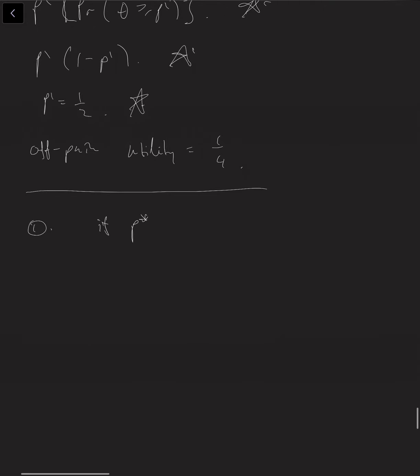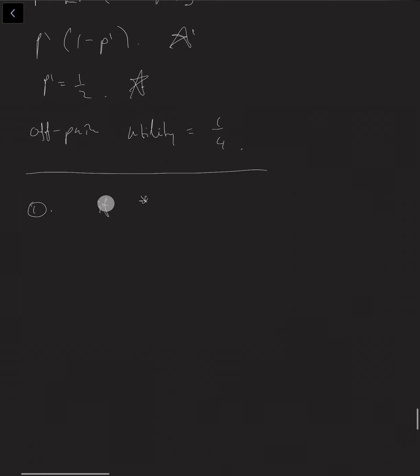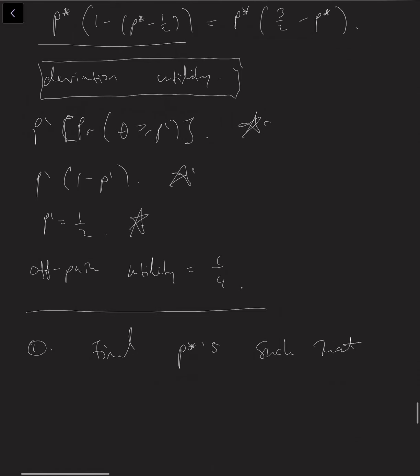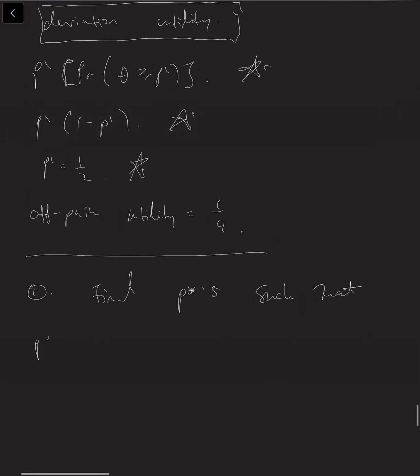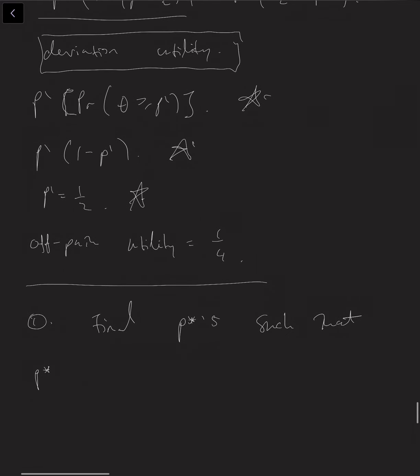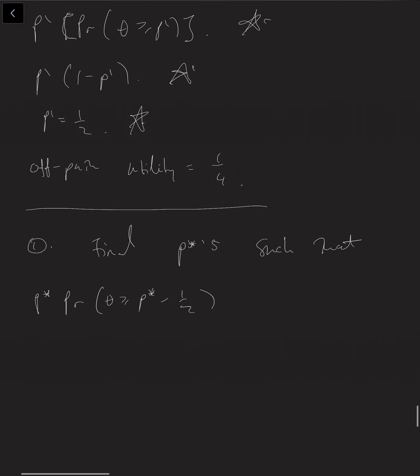Just to recap what we're trying to do, we're trying to find P stars such that what she gets on path, which is P star times the probability that theta is greater than or equal to P star minus half, is greater than or equal to what she gets off path, which we have determined here is 1 over 4.